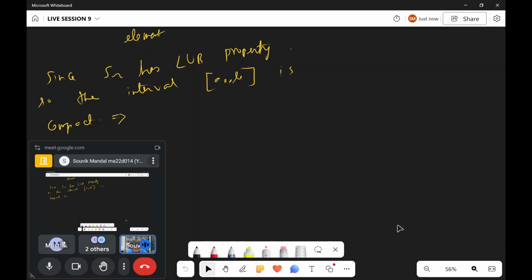So this tells that B has a limit point x in [a0, b].